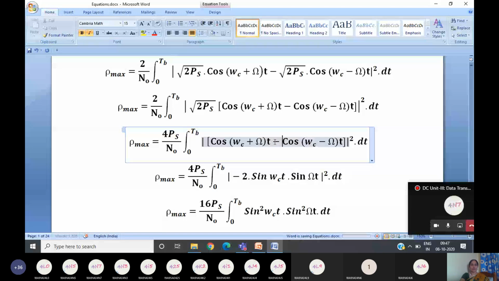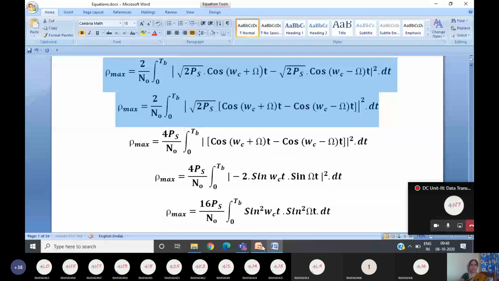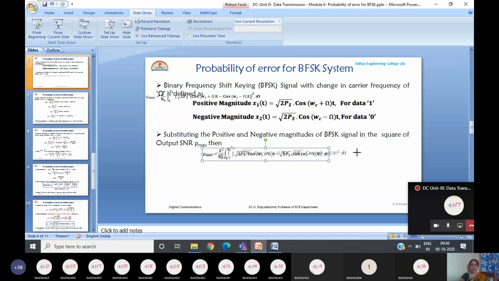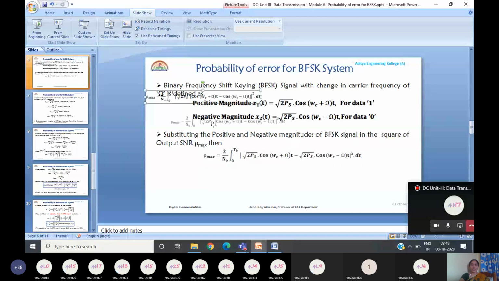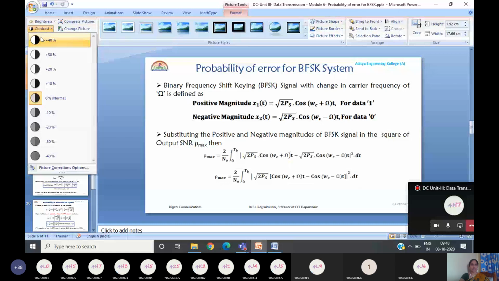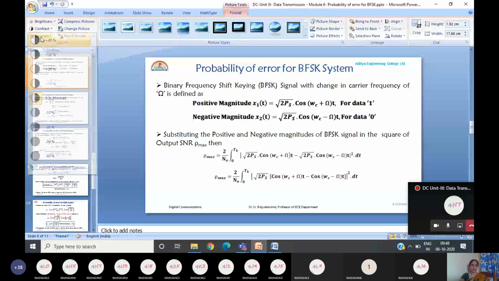So 2 by N naught integral 0 to Tb, here you can see. You can write like this: 2 by N naught, root 2 Ps cos omega c plus omega t minus root 2 Ps cos omega c minus omega multiplied by t.